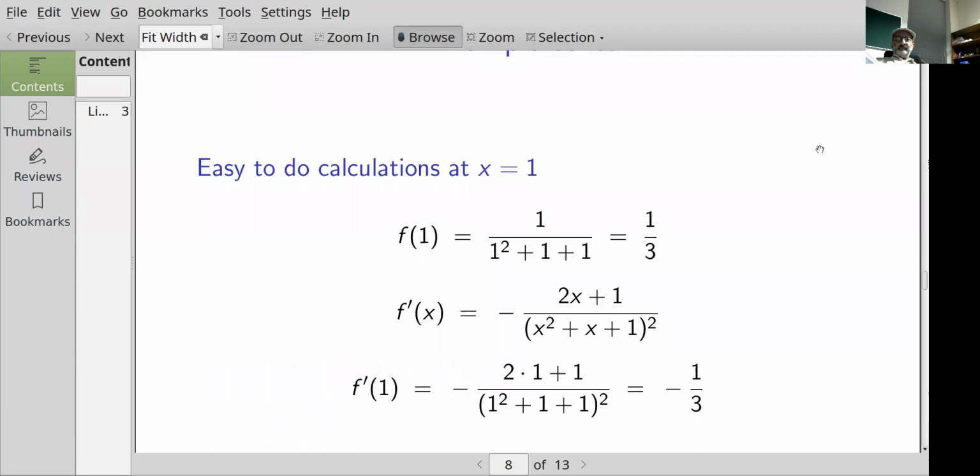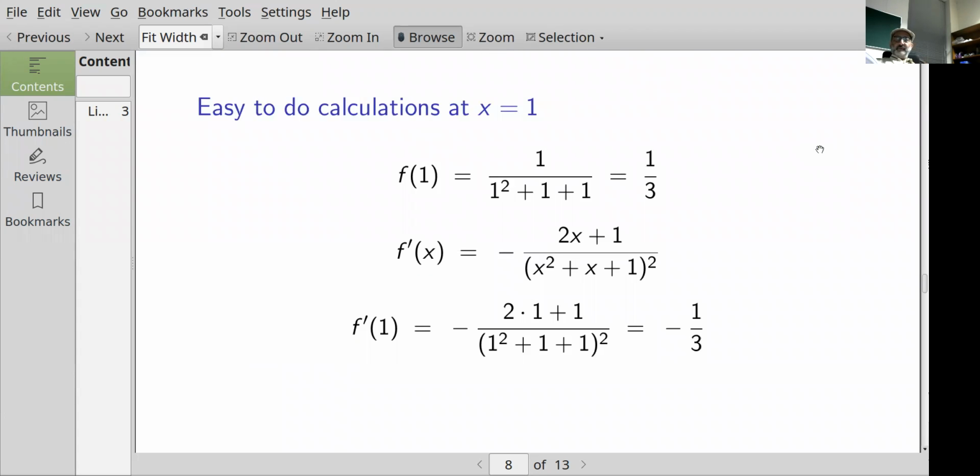So f of 1, by the definition of the function, is 1 over 1 squared plus 1 plus 1, which is equal to 1 over 3. The derivative of f at x is given to us by this reciprocal formula, minus the derivative of the original function divided by the original function squared, provided that the original function isn't taking the value 0.